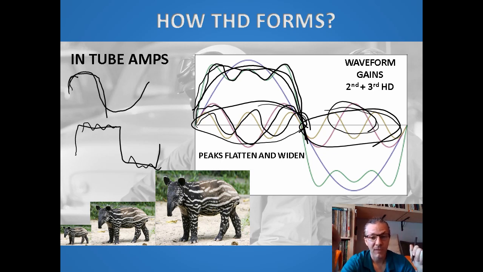And actually, now I'm going to tell you something: what is a fundamental difference between tube and solid state amplifiers is that for tube amplifiers you predominantly have second and third order harmonic distortion added to the sound. So it means that you have your sine wave, and that is going to transform more into a square wave.